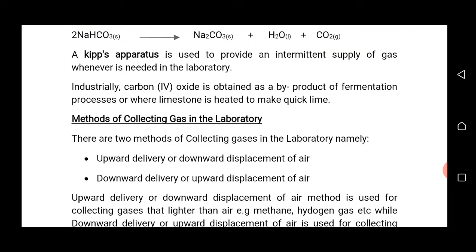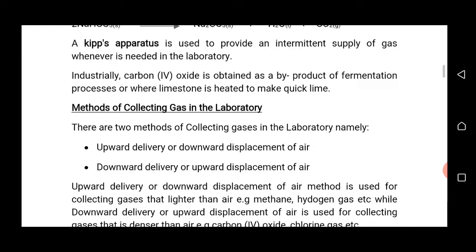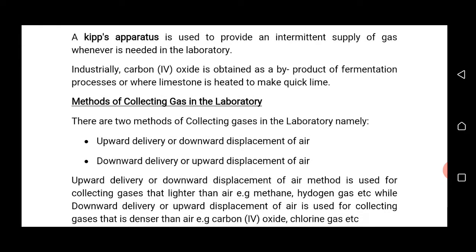Industrially, what is the industrial preparation of carbon 4 oxide? Industrially, carbon 4 oxide is obtained as a byproduct of the fermentation process, or where limestone is heated to make quicklime. Fermentation is the enzymatic breaking down of sugar to produce alcohol and CO2.